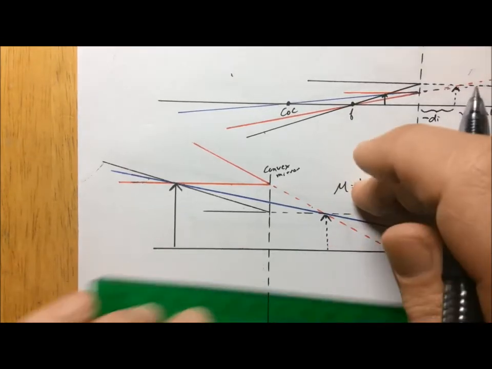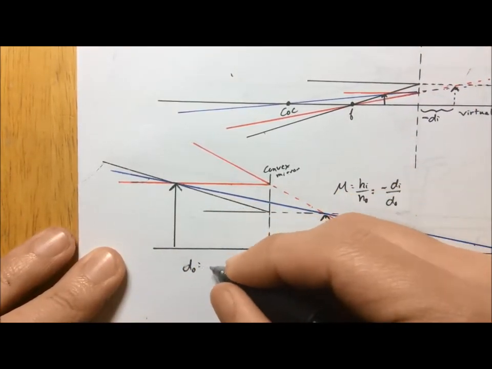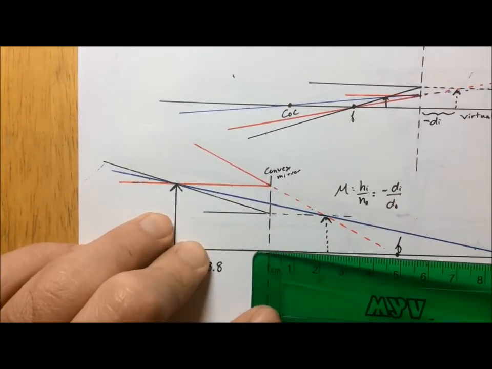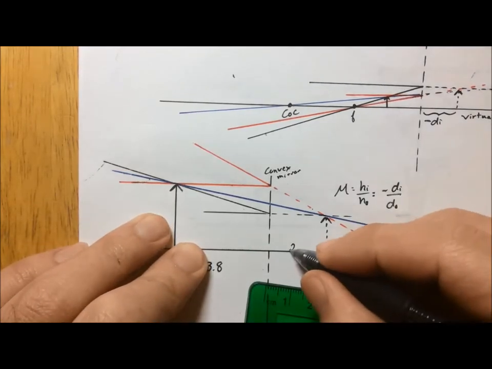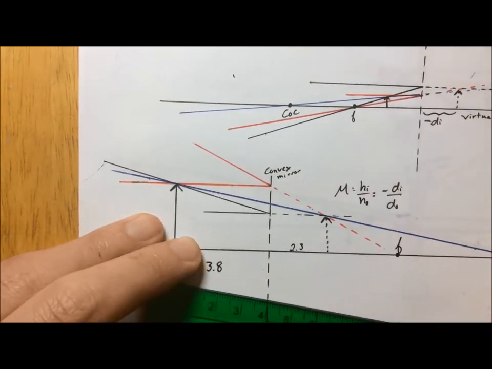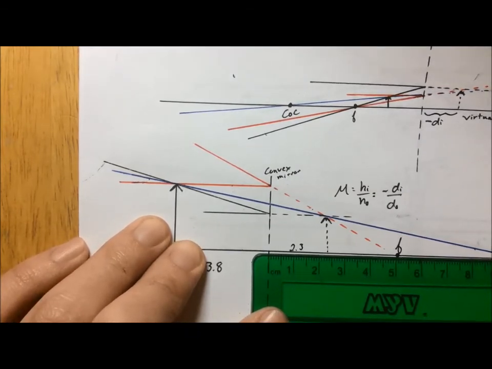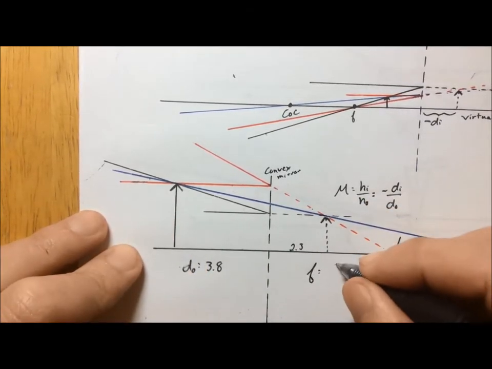Let's call it 3.8. The distance of the image, we're going to expect it to be around 2.3. So let's mark that, see if we're right or not. But we do have a definite distance of the focal, and the definite distance here is going to be about 5.1. So f is equal to 5.1.